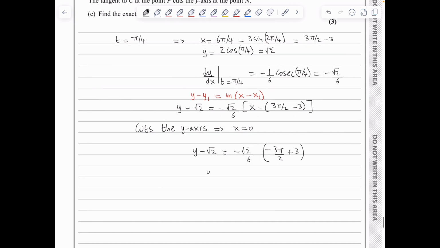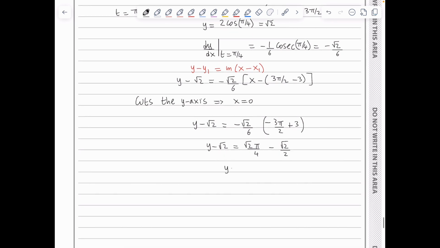So we've got y minus root 2 is equal to root 2 pi over 4 minus root 2 over 2. And if I collect everything on the right hand side, you get that y is root 2 pi over 4 plus root 2 over 2.